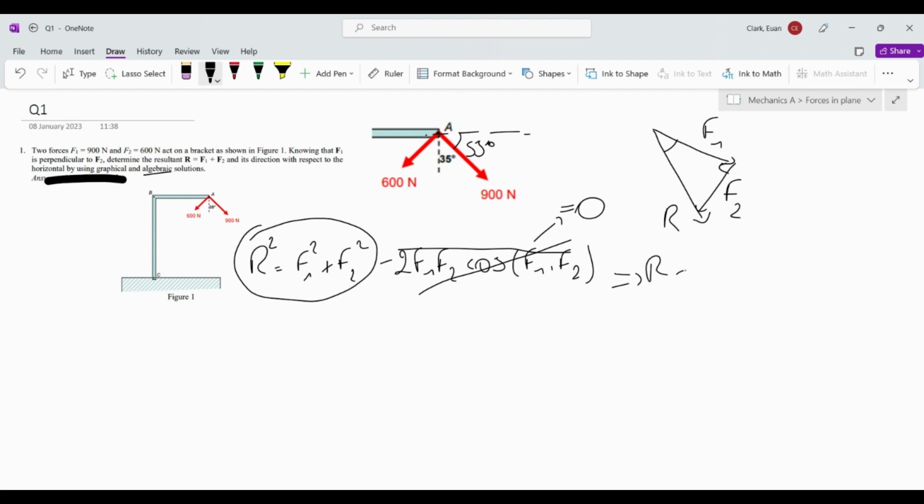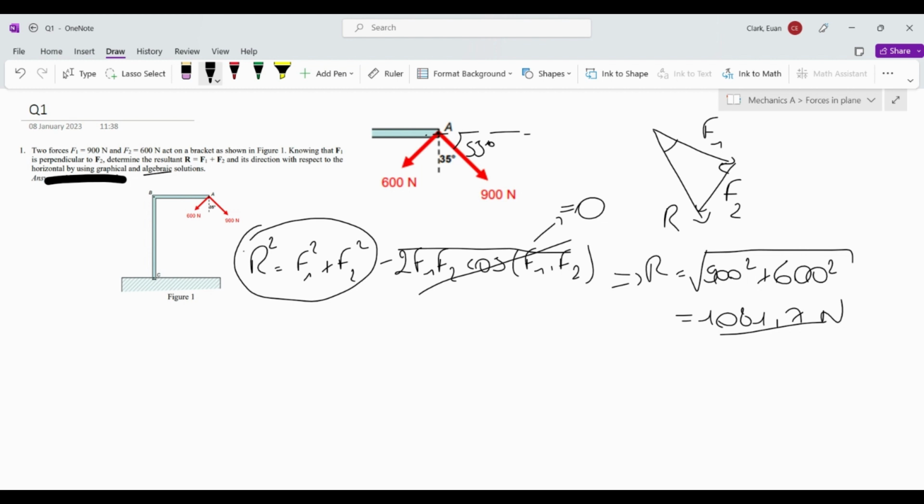R is simply equal to the square root of F1 squared, where F1 is equal to 900, squared, plus F2, which is 600, squared. And that comes out as 1081.7 newtons.